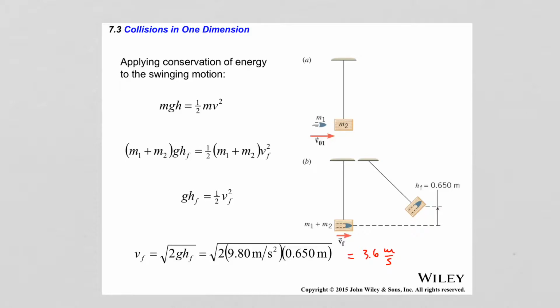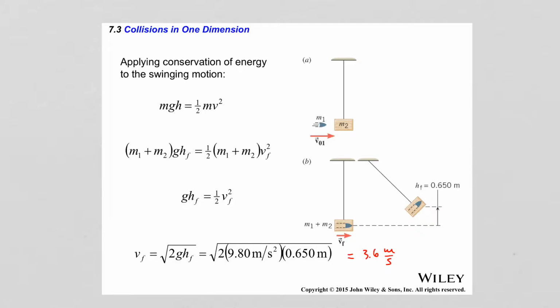So then, writing this explicitly for the bullet and block system, we have the mass of the system times g h final is equal to 1/2 the mass of the system times v final squared, where, one more time, v final is the velocity with which the system starts to swing up here as a pendulum.